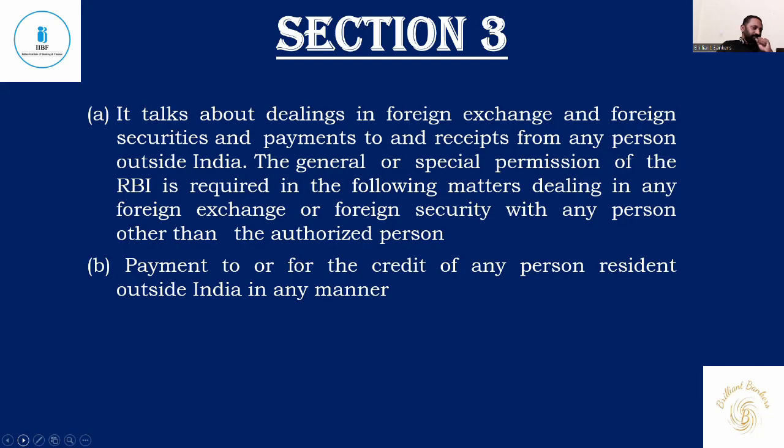An authorized person is a person given a license by the RBI to deal with foreign exchange matters. For example, the banks have been licensed, and a few NBFCs have been licensed by the RBI. These are the only persons who can transact in foreign exchange and no one else.